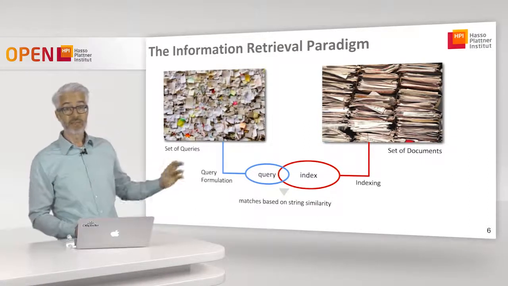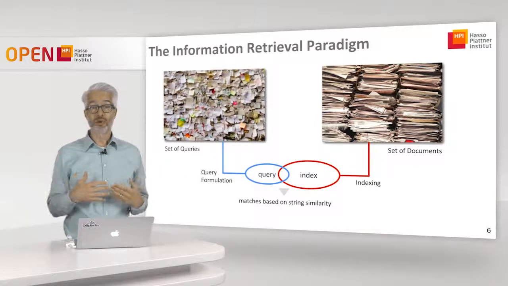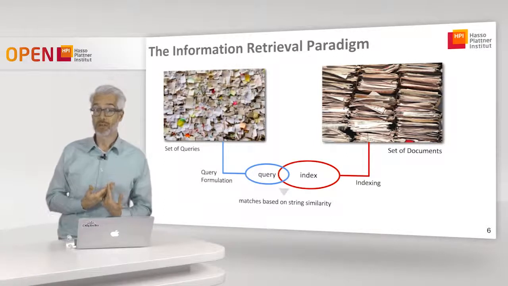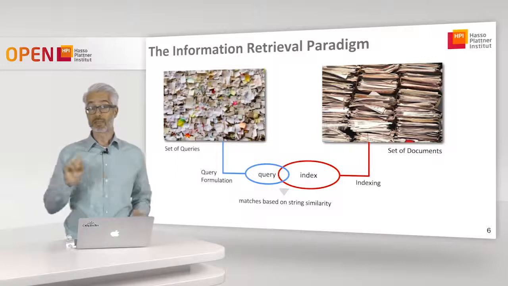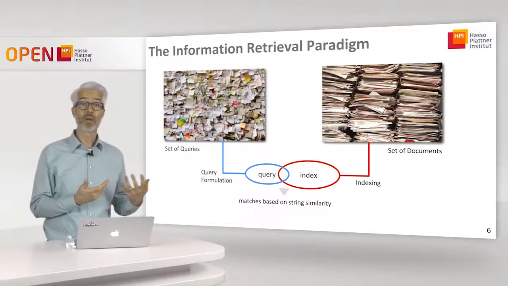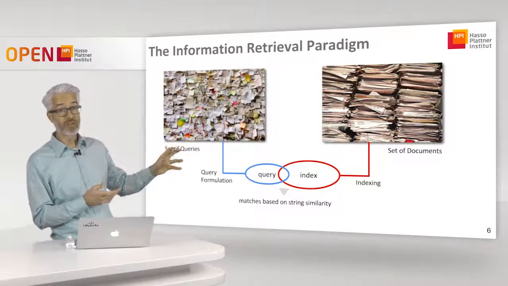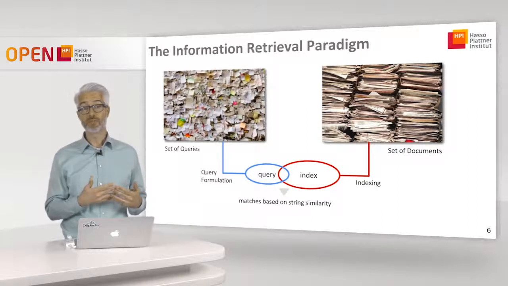And on the other hand, you would have a set of queries. And what you do with both, you bring them into a form that both can be compared somehow. So with the set of documents, you do an indexing process. You try to develop an index in some kind of language which can then be compared with the query or the processed query. And then what is in the intersection of the index and the query is your result.